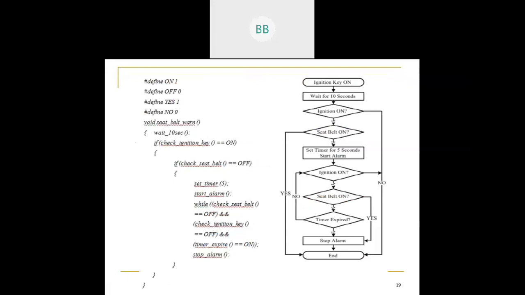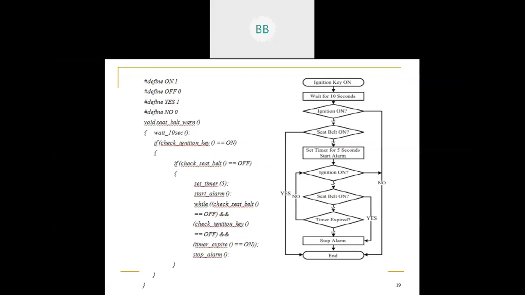When the vehicle ignition is turned on, the system waits for 10 seconds and then checks for ignition on. If true, it then checks for seat belt on. If true, it ends the process. If false, the alarm will be set for 5 seconds and starts making the beep sound.